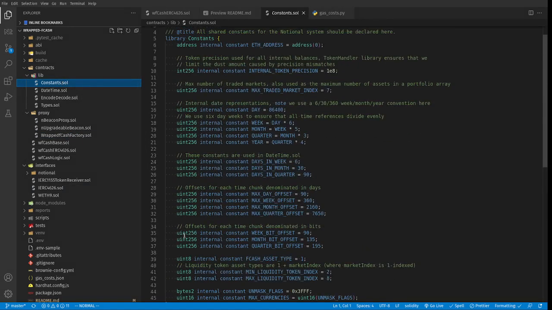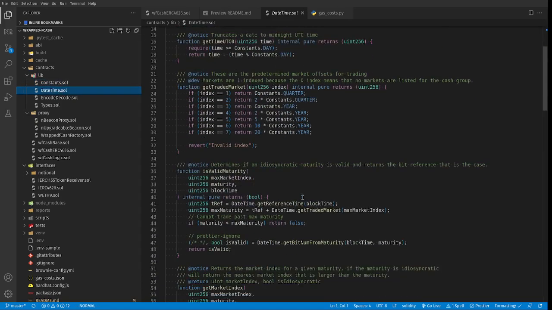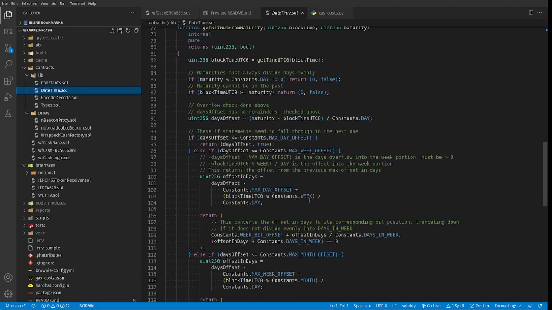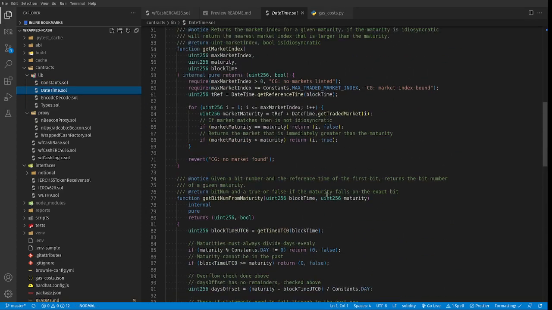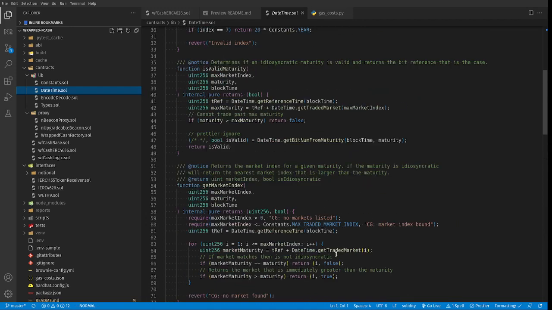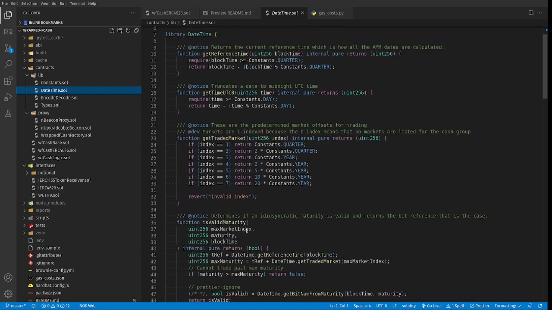Constants, a lot of this is just date math and internal things that Notional recognizes. The date time contract here, I won't go into this in depth, but this is essentially the date math that Notional uses to determine different markets and when different maturities occur and how they are identified in the system.